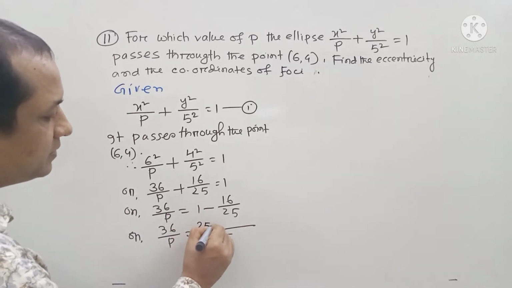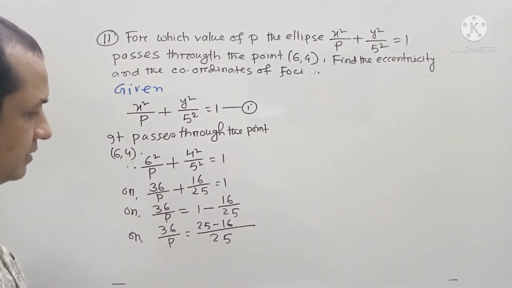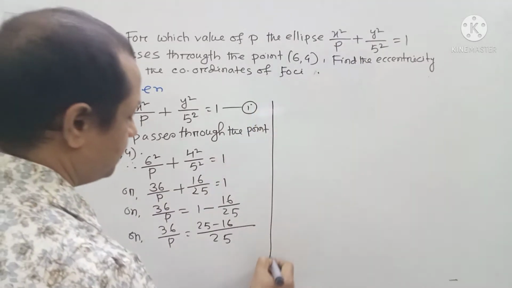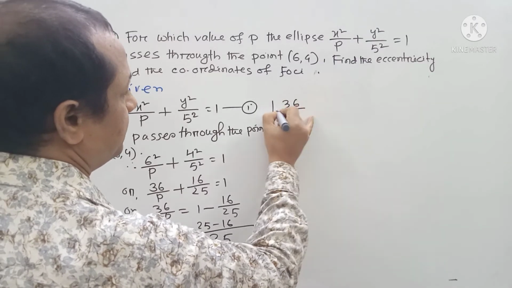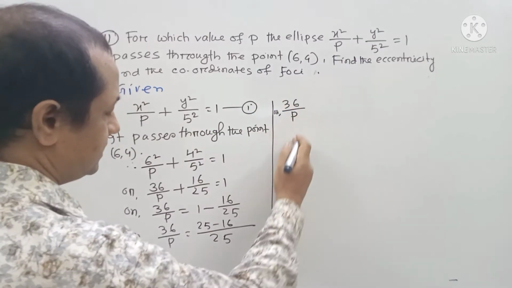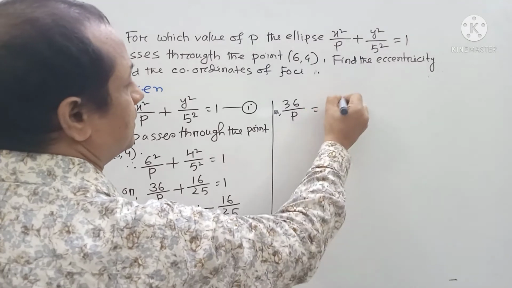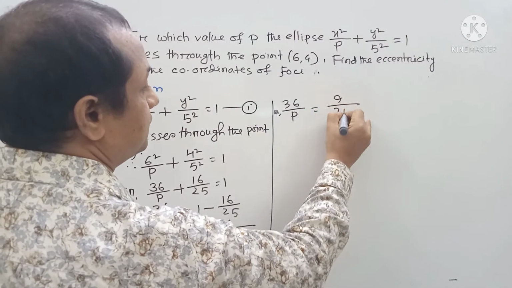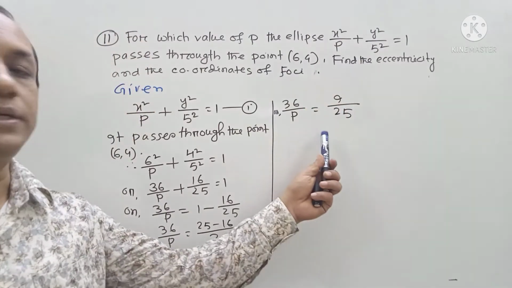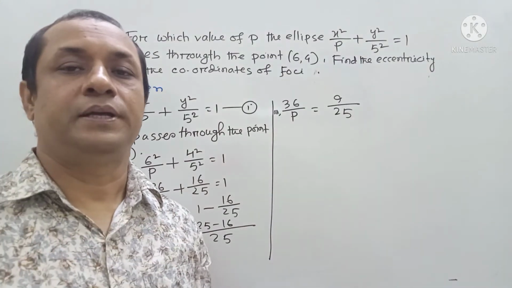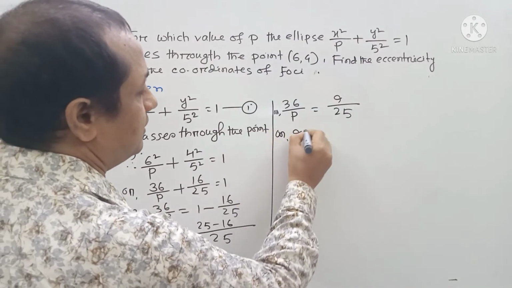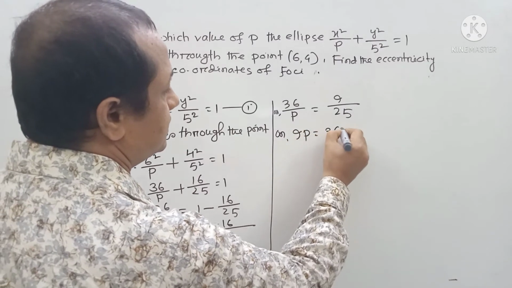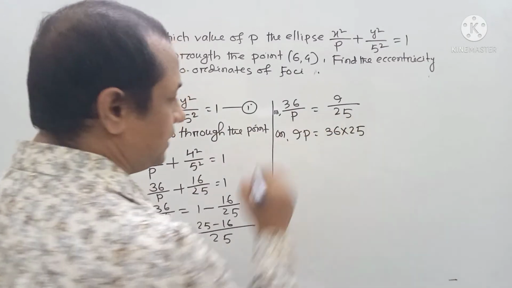So 25 minus 16, then we get 36 by p equals to 9 by 25. So student, here by cross multiplication, we can write 9p equals to 36 into 25.